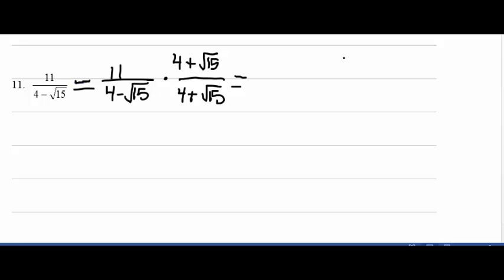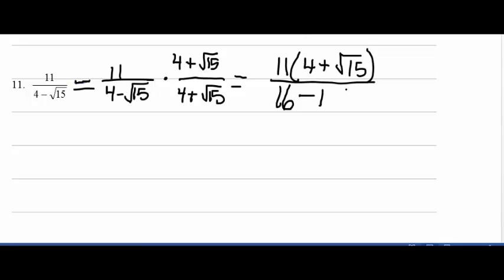So I have in the numerator 11 times 4 plus the square root of 15. And in the denominator, I have the square of 4, which is 16, minus the square of the square root of 15, which is 15. So a minus b times a plus b is a squared minus b squared. So this denominator is just 1.